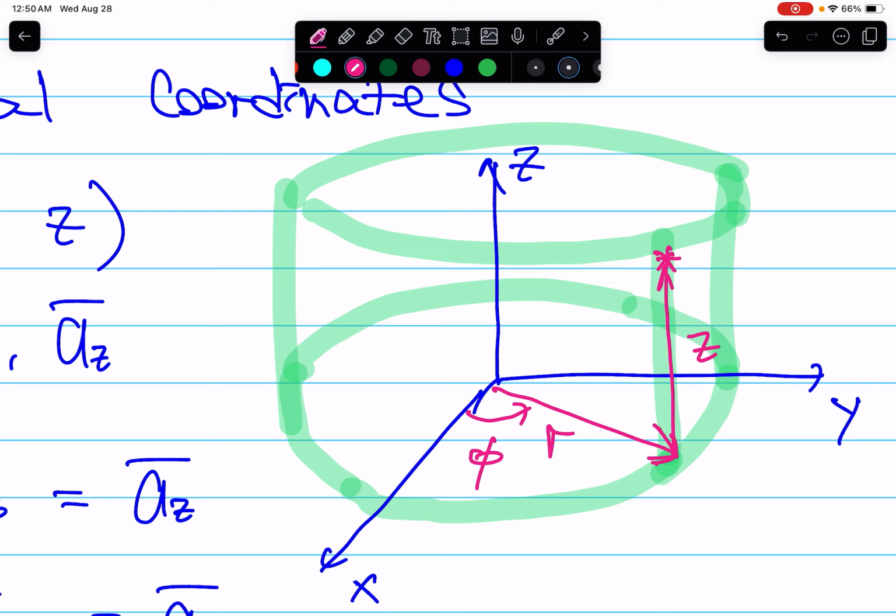And if we draw it, so the AZ would be from this point, okay, AZ will be pointing this way, and AR will be pointing this way, and A pi would be tangential to this circular path.